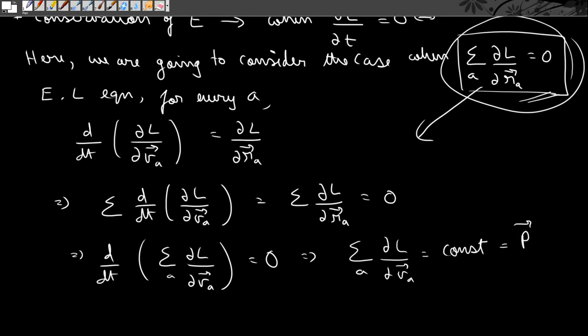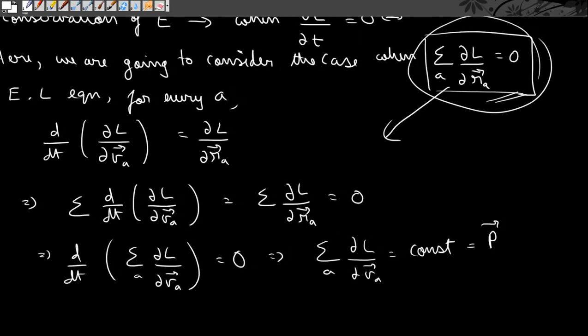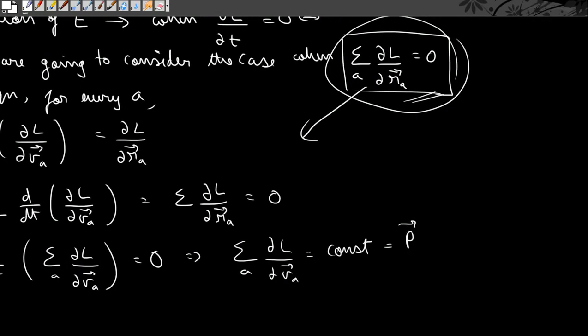and I am going to denote it by the capital letter P. This particular constant is an integral of motion, because it is just a function of the velocity and position, and not a function of time, because always this Lagrangian is of the form T of v1, v2, and so on, minus U of r1, r2, and so on, and time.